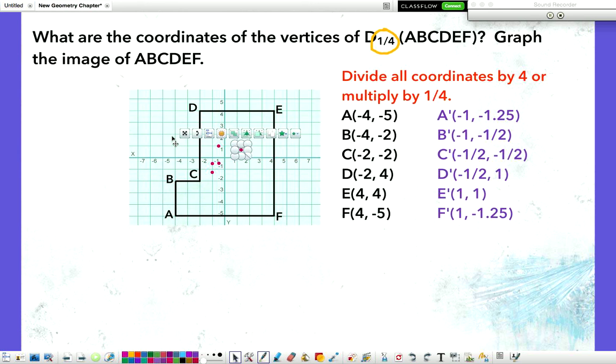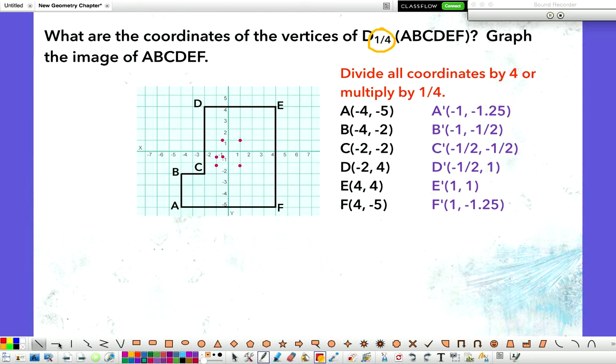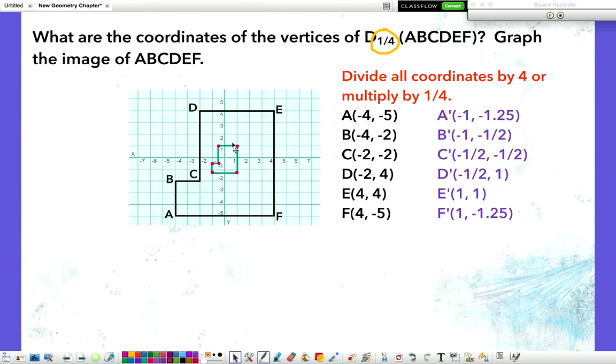And we have 1, -1.25. Okay, now I'm going to connect all these. Okay, that's not bad actually.